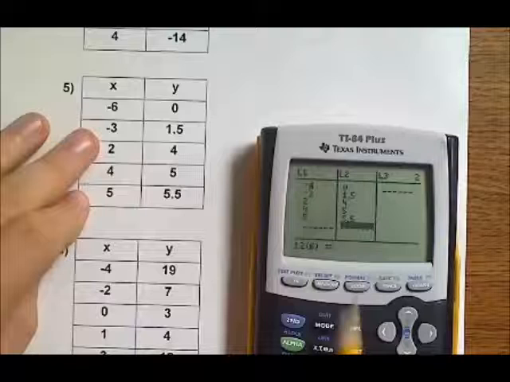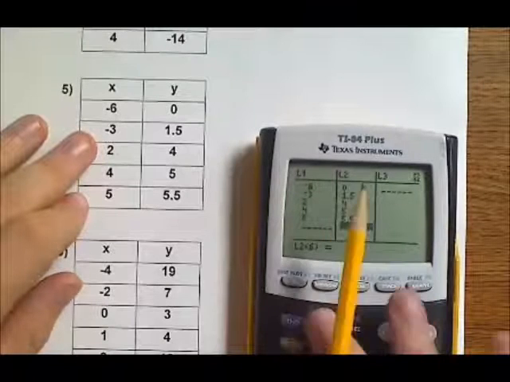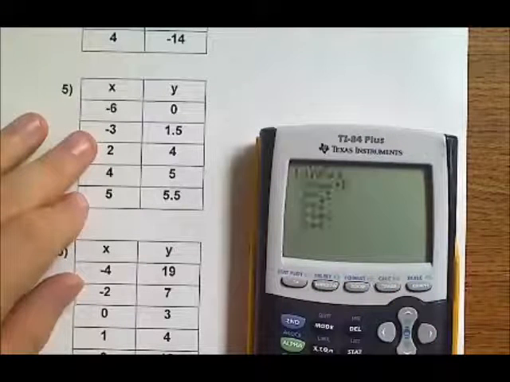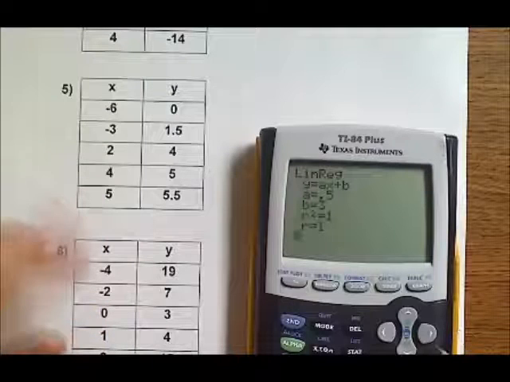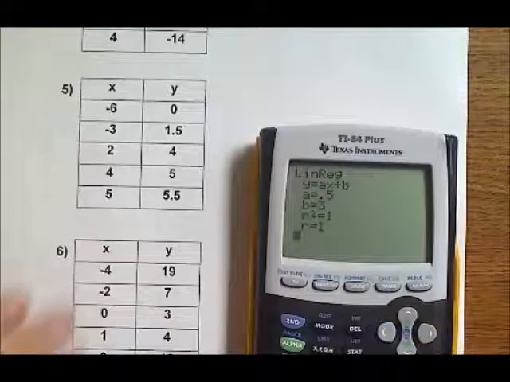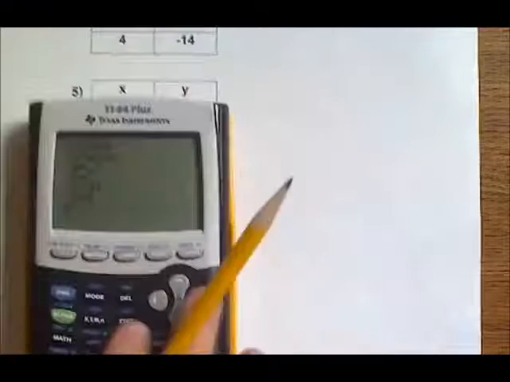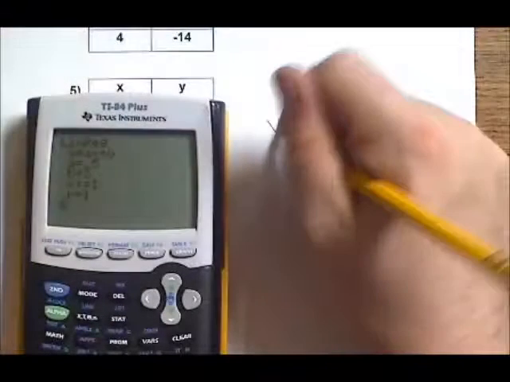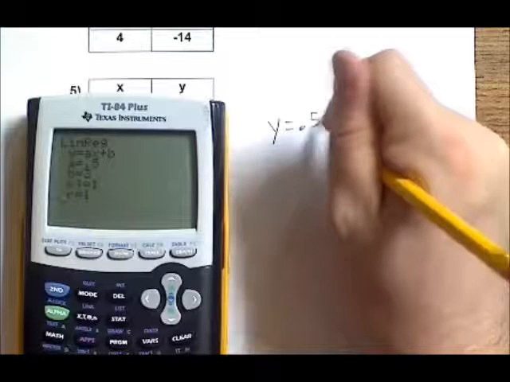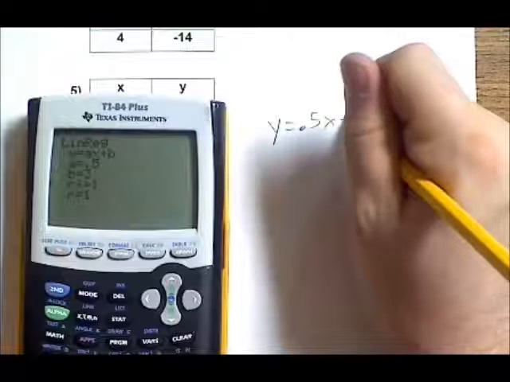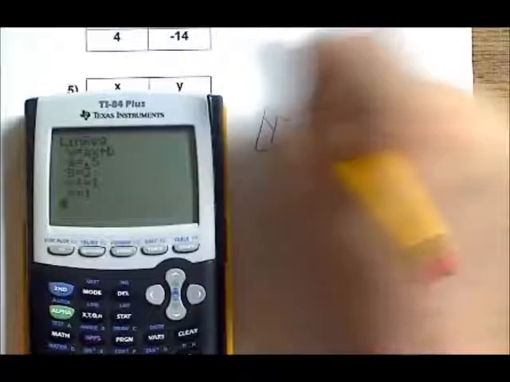Make sure that your lists match. Quit out of it. I already had linear regression pulled up, so I could just hit enter. It gave me new information. This time R is +1. That is, in fact, a linear equation. So this is y equals 0.5x plus 3.